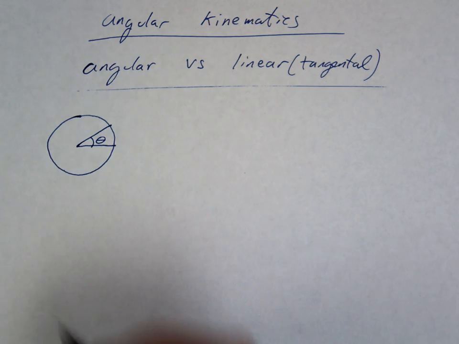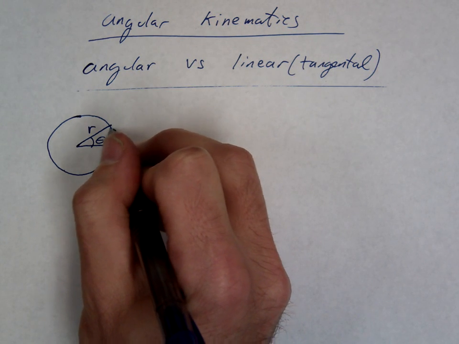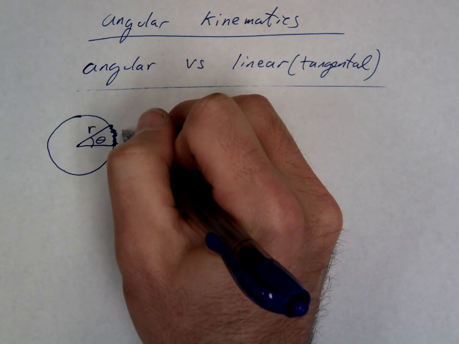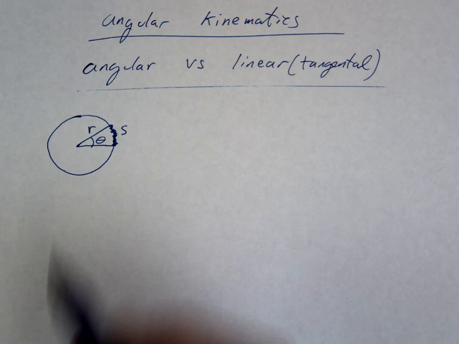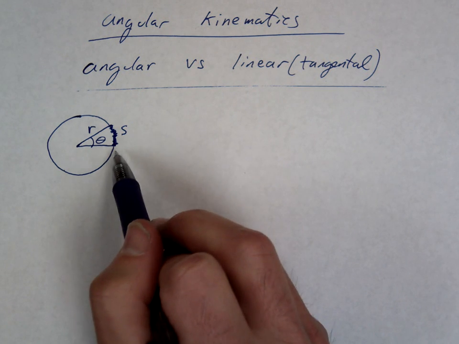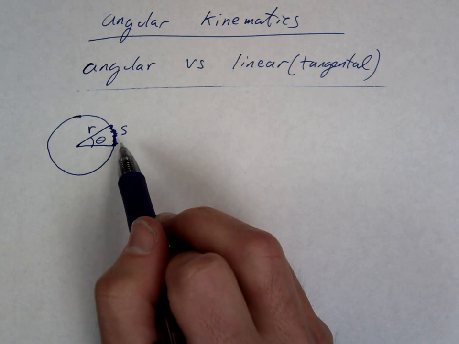We have our angle theta, we have our radius, we have this distance right here, which is what we call our S here. That would be kind of our linear quantity. This would be the distance that we travel here, right? We physically actually travel that distance.